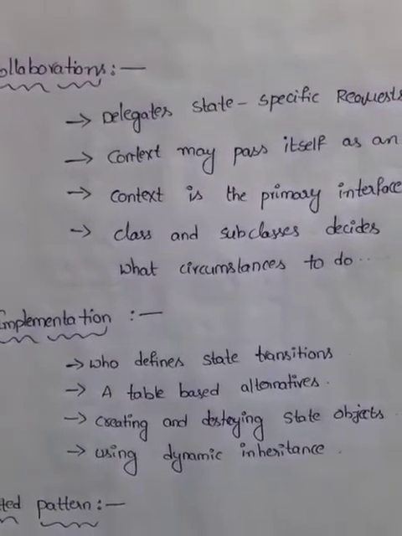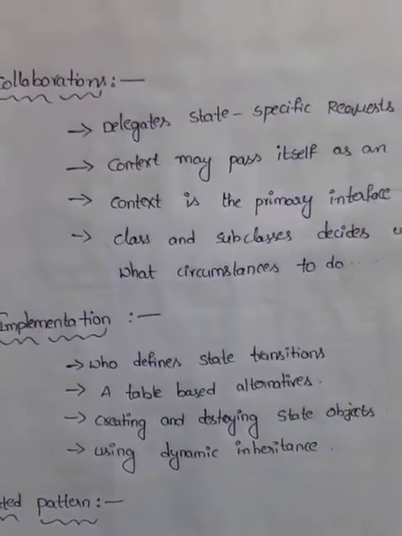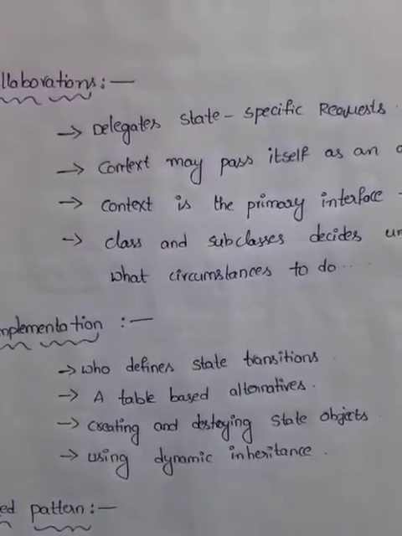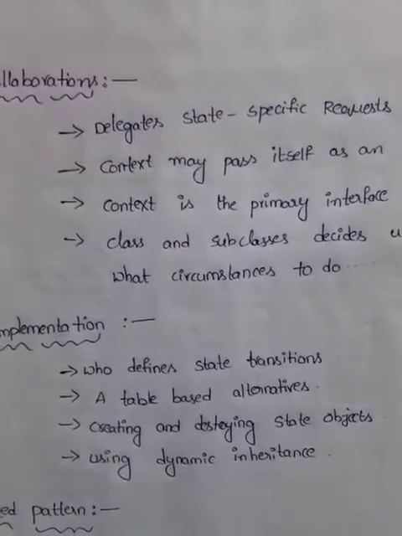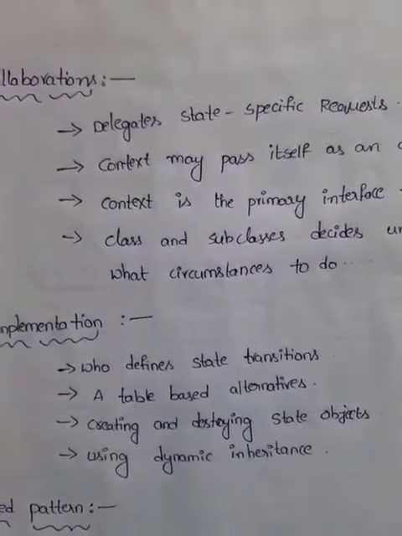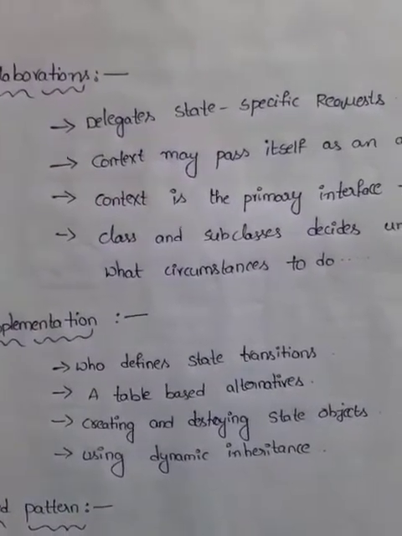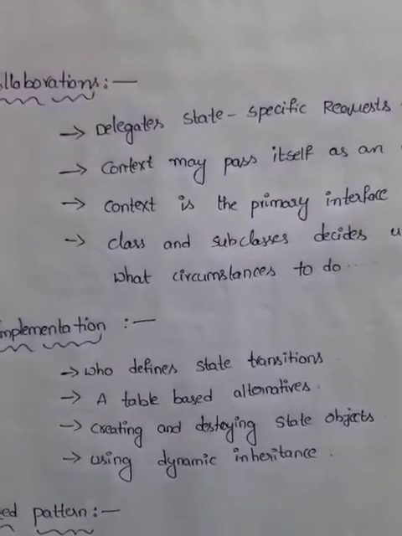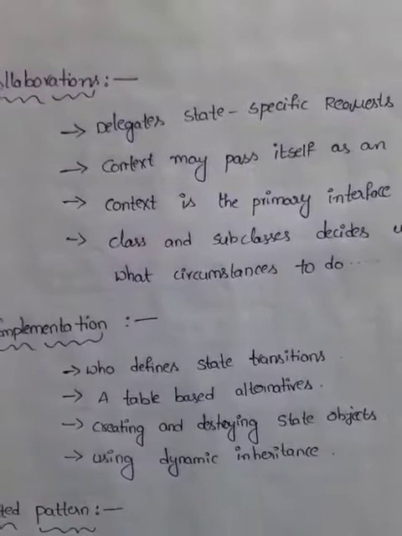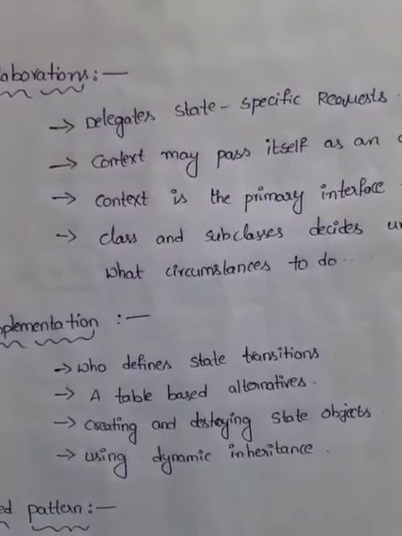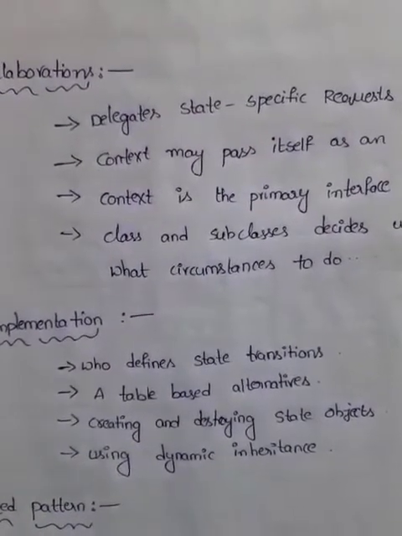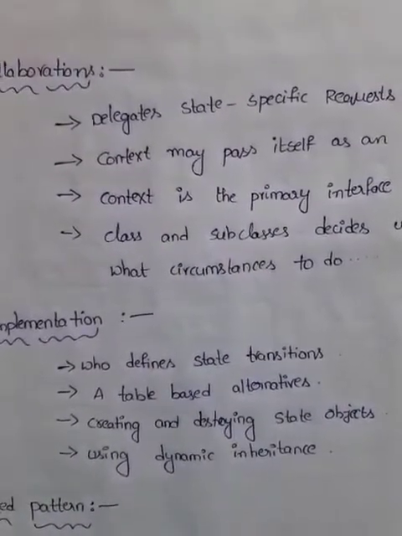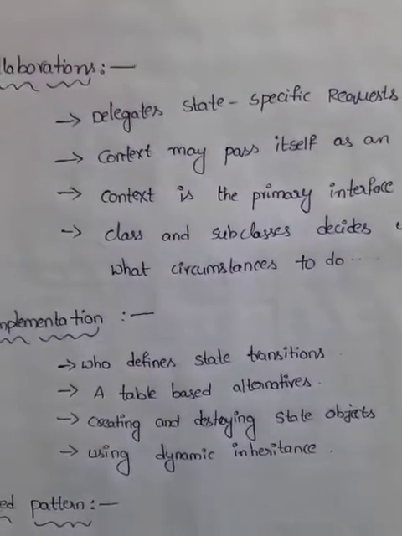The main advantage of this table based alternative is its regularity, and you can change the transition criteria by modifying the data instead of changing program code. Based on that, we have some disadvantages. Table lookup is often less efficient than a function call, and putting transition logic into a uniform tabular format makes the transition criteria less explicit and therefore harder to understand.